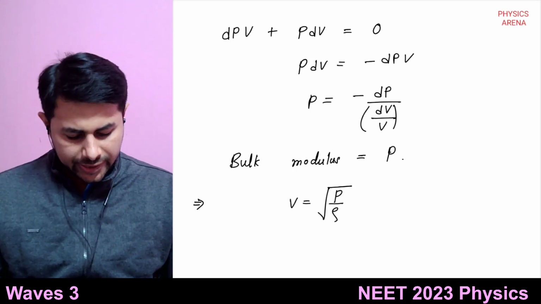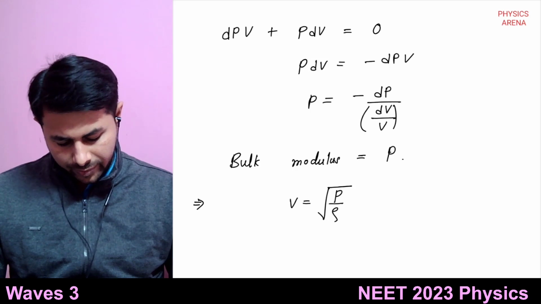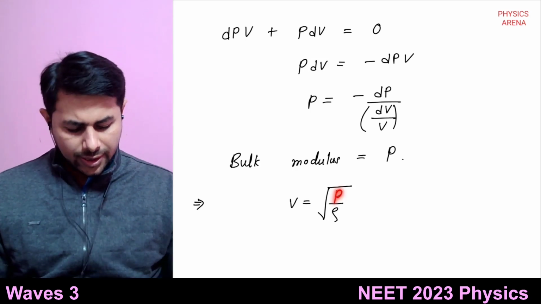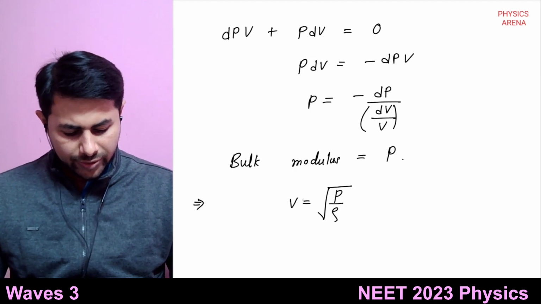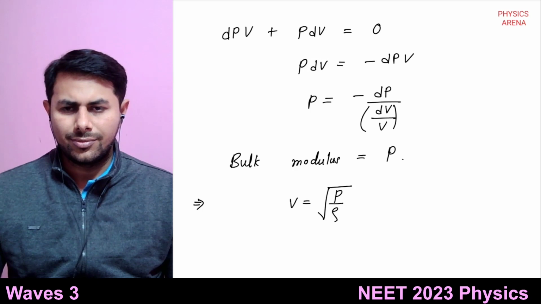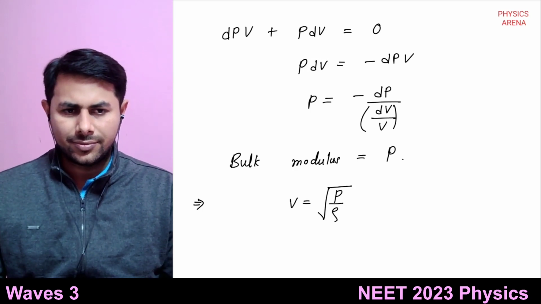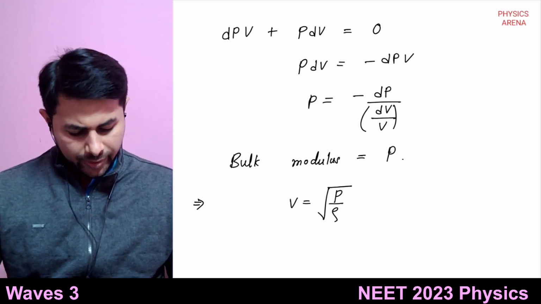So velocity is just equal to what? Square root of bulk modulus divided by rho. Now bulk modulus is equal to pressure, so we can substitute that. So we get V is equal to square root of P upon rho. Got it? Is there any question? All right, good.